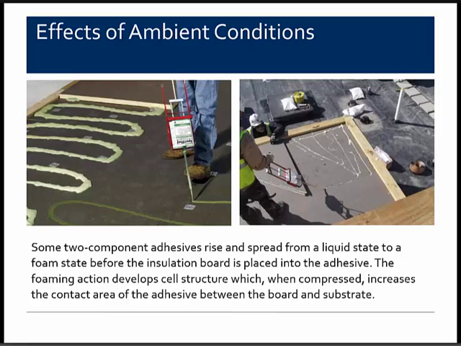So if the ambient conditions affect this foaming action, the adhesive bond between the two materials can be affected. For example, if the materials are placed together before the cell structure of the adhesive is formed, the adhesive material may not function as intended. Or if the adhesive sets prematurely or more rapidly than anticipated, the materials will not be bonded.